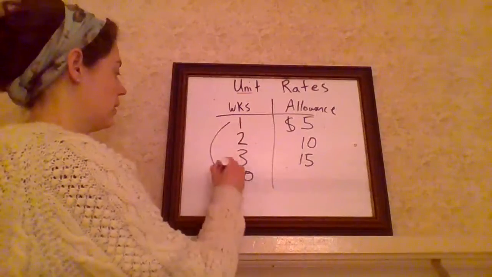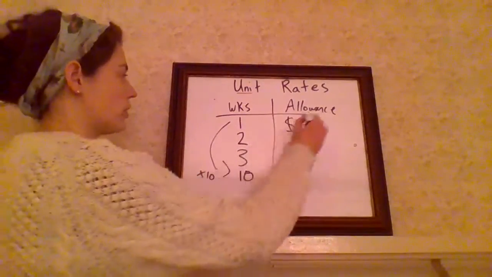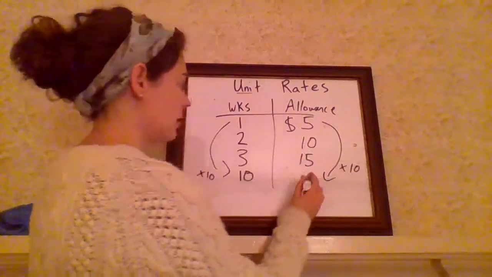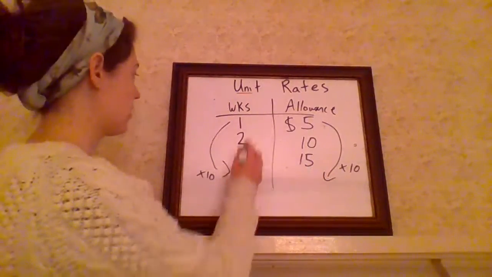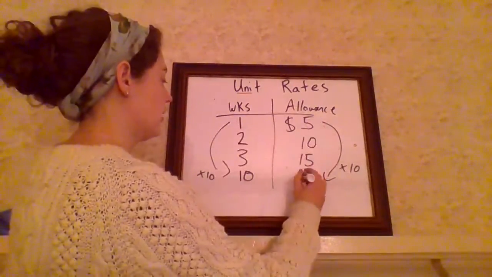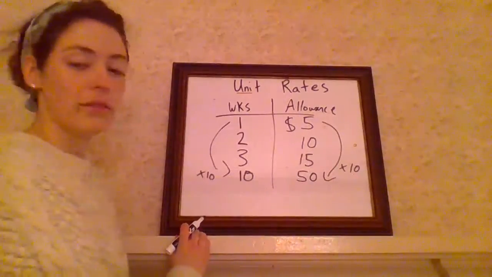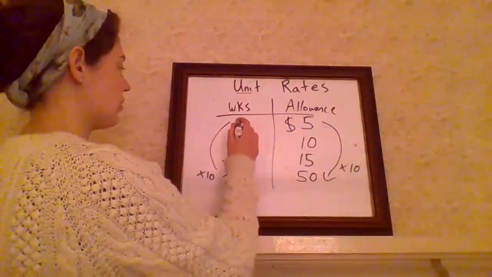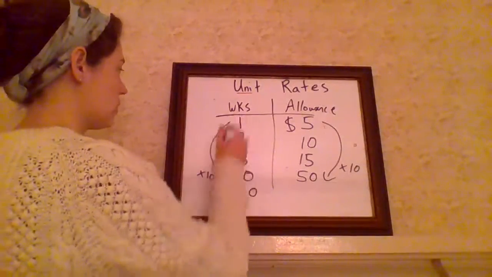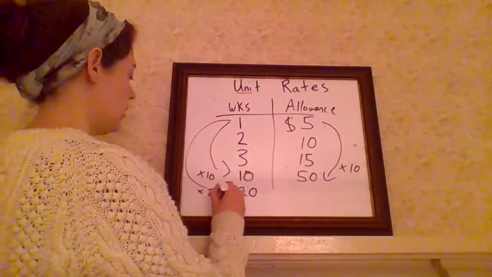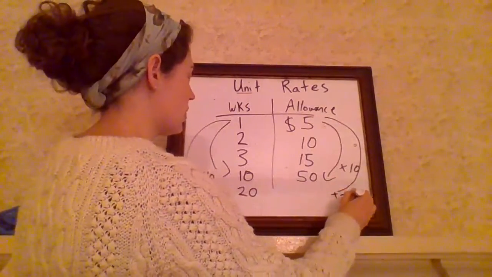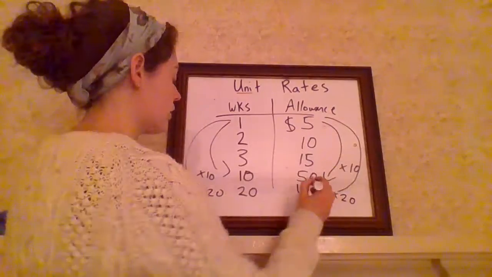That's times 10. So then you're going to multiply the allowance by the same amount to get the allowance for 10 weeks. So times 10, so that would be $50 for 10 weeks. Let's try it with 20 weeks. Okay, so from 1 to 20 is times 20, and 5 times 20 is 100.